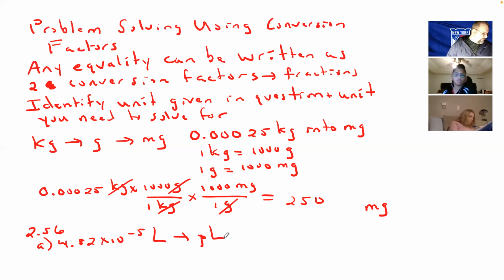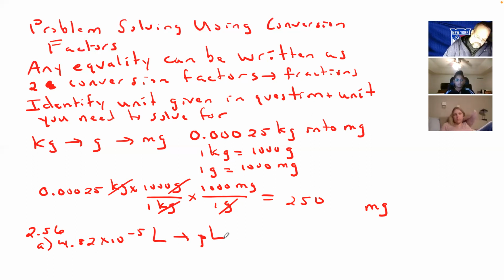Picoliters. So what does pico represent? Essentially, and I'm pretty sure pico is 10 to the minus 12th, but since I haven't seen pico in a little bit of time, I'm just going to check, yep. So pico essentially means 10 to the minus 12.